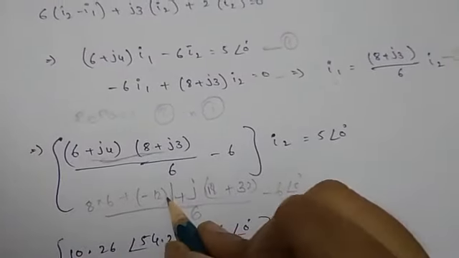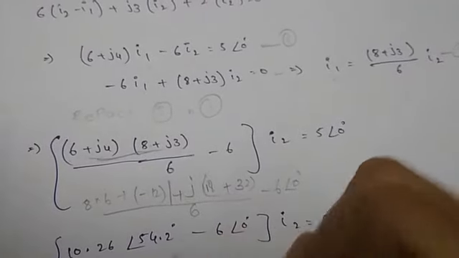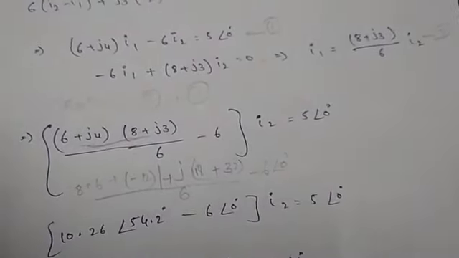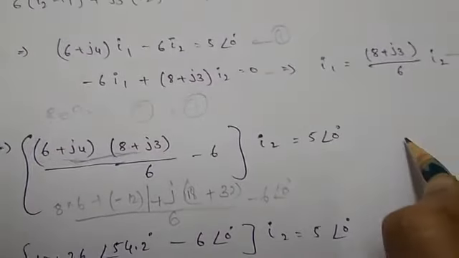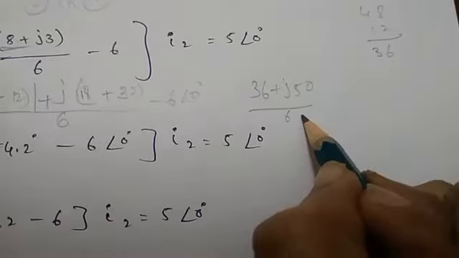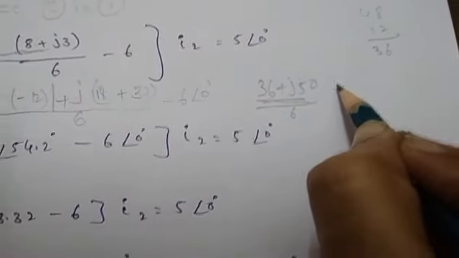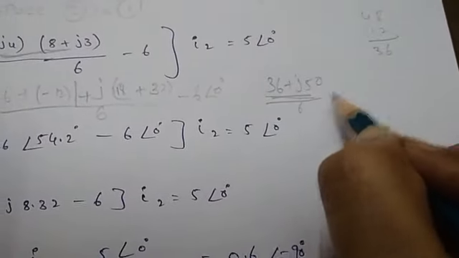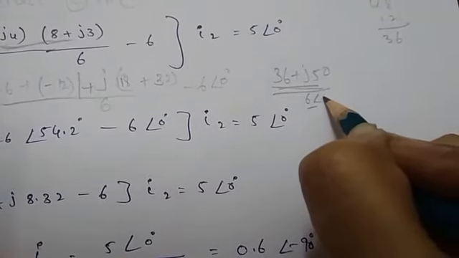So once you get this in A plus jB format, division in A plus jB format won't be allowed. So try to convert A plus jB into angle form and divide by the denominator.